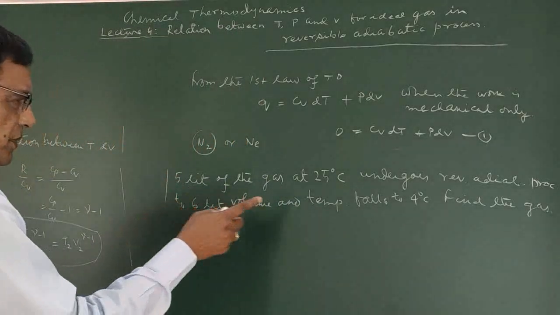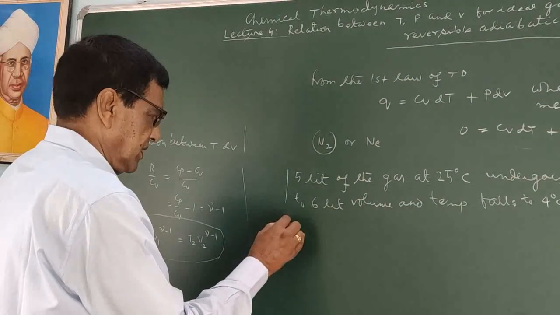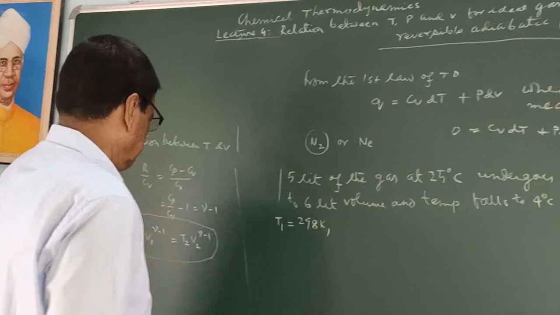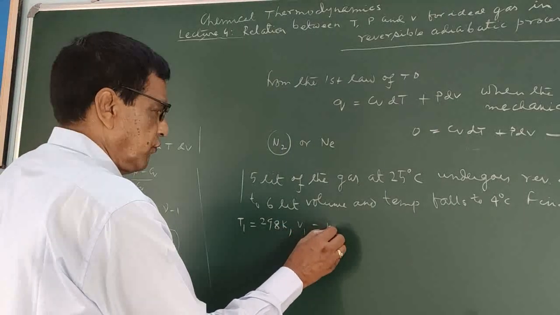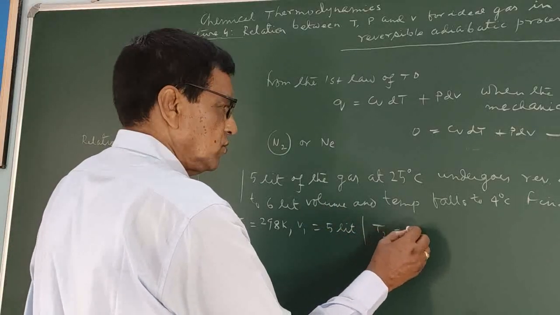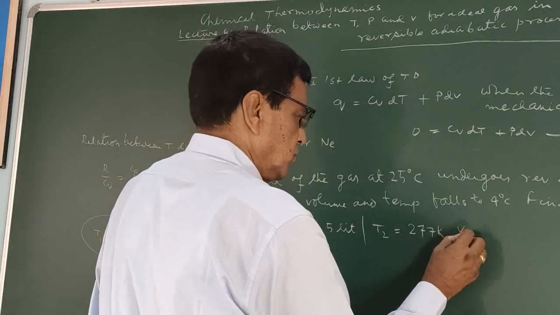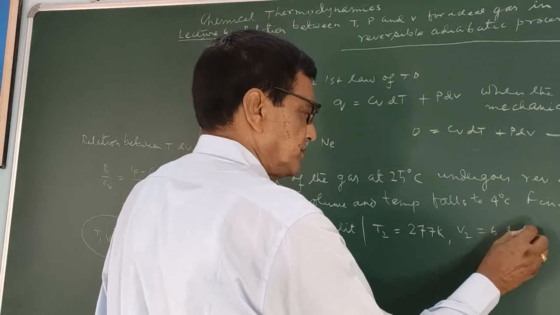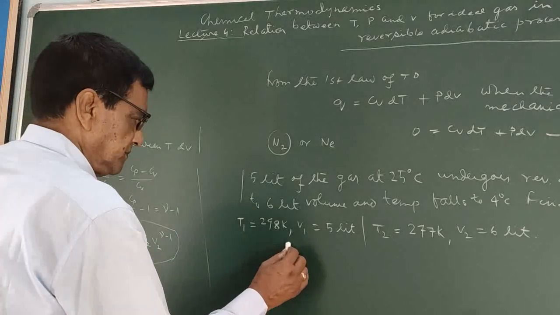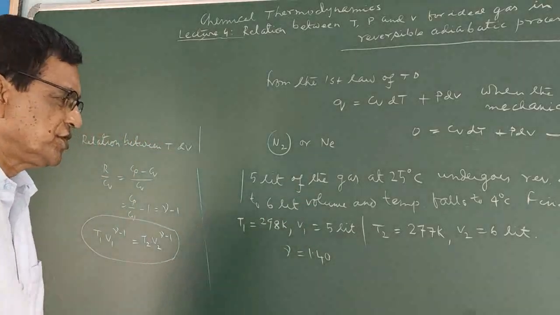So I can do this problem by the use of these relations. Say here T1 is equal to 298 Kelvin and V1 equal to 5 liter, and T2 equal to 277 Kelvin and V2 equal to 6 liter. If we put in all these terms, then gamma would be calculated, and suppose gamma is found to be 1.40.